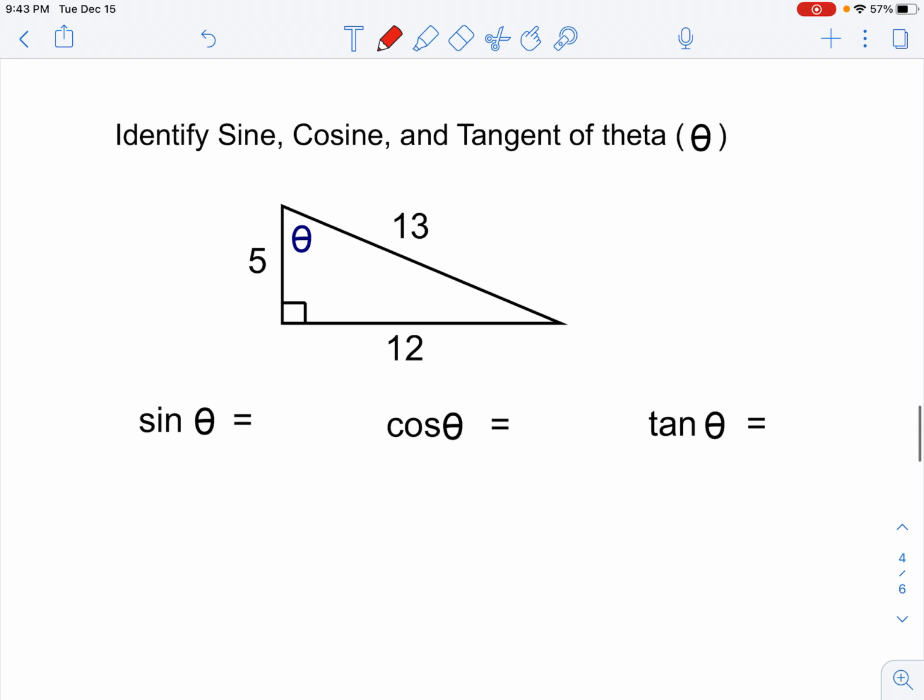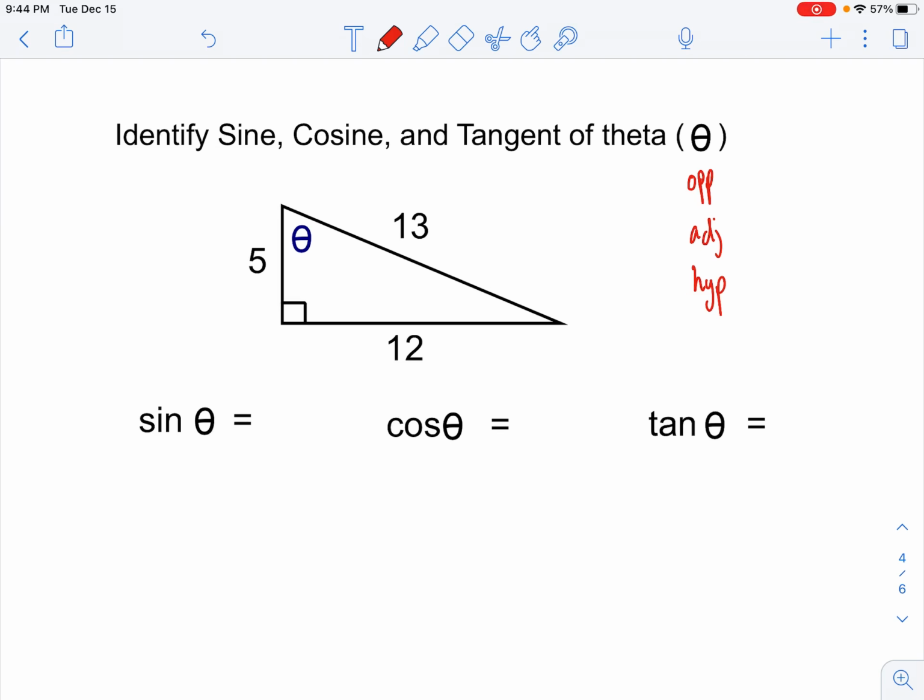Okay, so what we're going to do is identify the sine, cosine, and tangent of theta for this triangle. We have a right triangle where the two legs are 5 and 12, and the hypotenuse is 13. What you first want to do is identify which side is the opposite, which side is the adjacent, and which side is the hypotenuse.